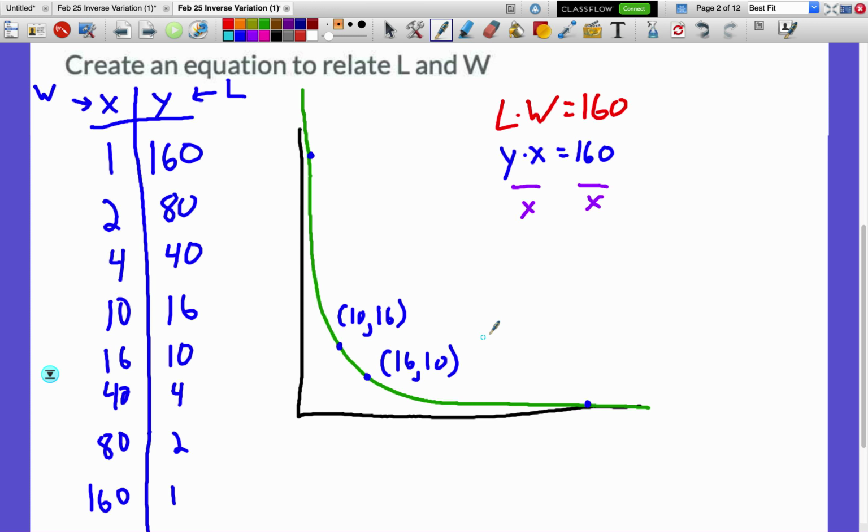And you get that this is the graph Y equals 160 over X. When we have X in the denominator, we can get these really strange graphs that go off to infinity along a vertical asymptote as well as a horizontal asymptote.